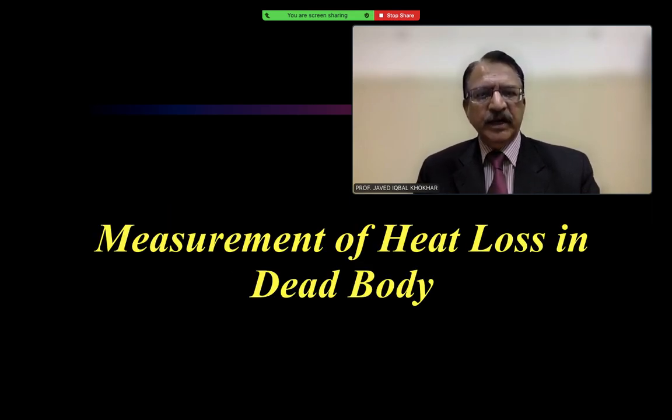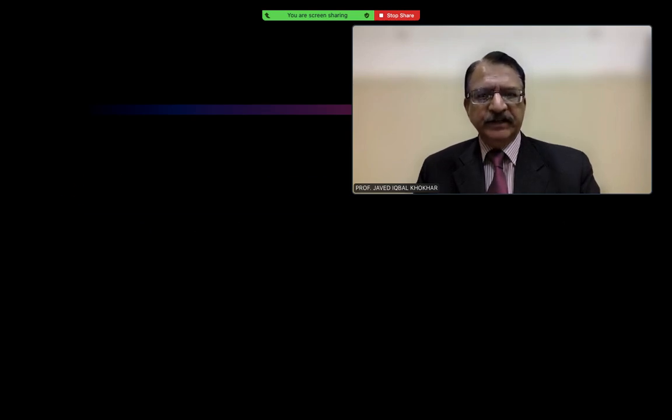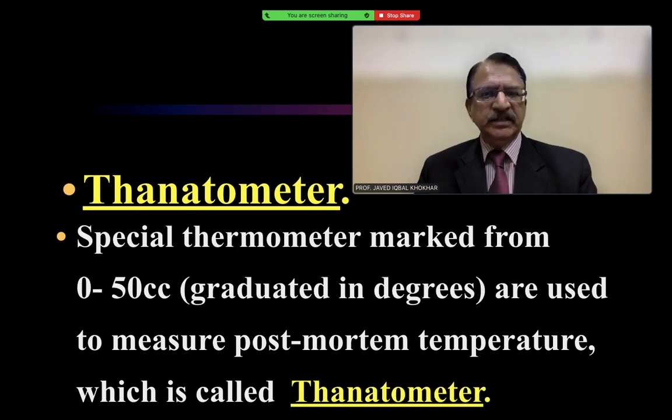Now, how do we measure the heat loss in the dead body? For recording the temperature of the dead body, a thermometer is used. It is a special thermometer, marked from 0 to 50 degrees Celsius, to measure the postmortem temperature.